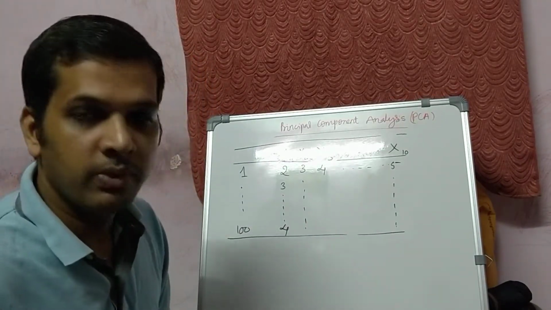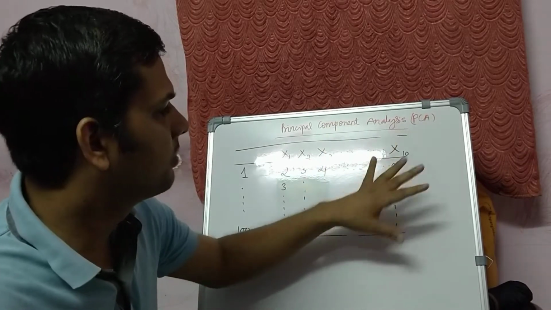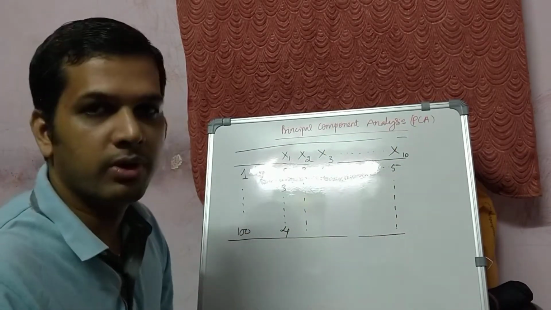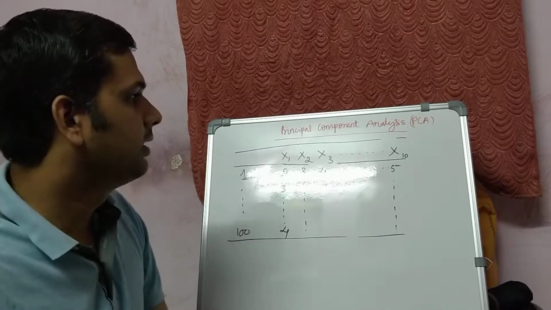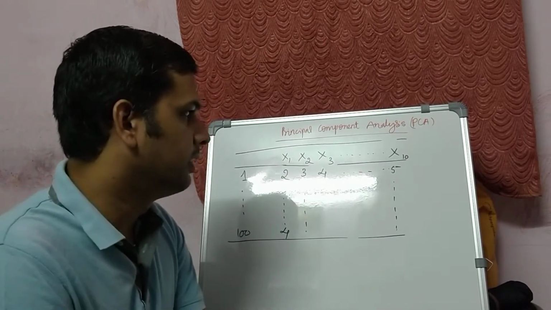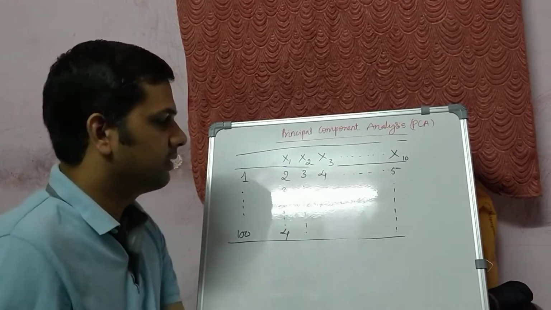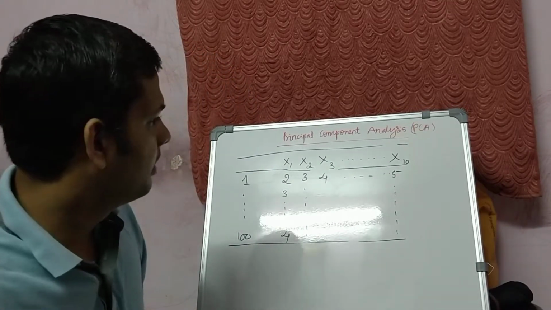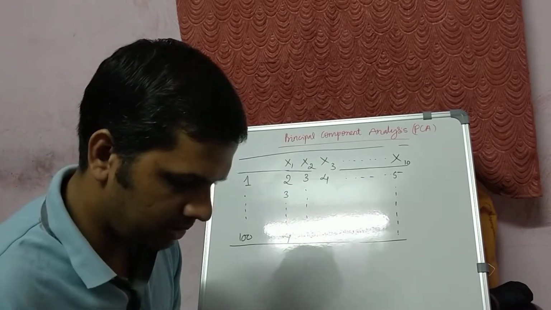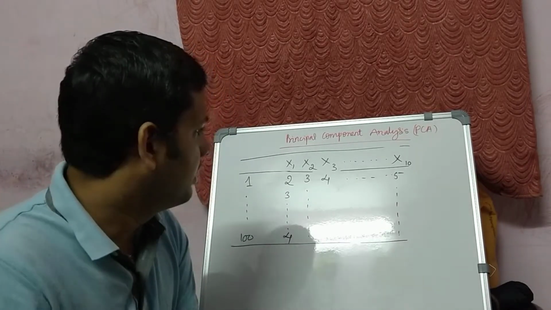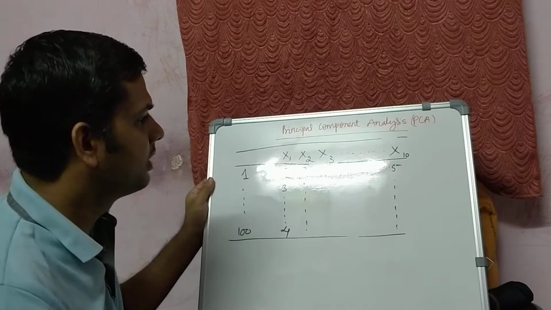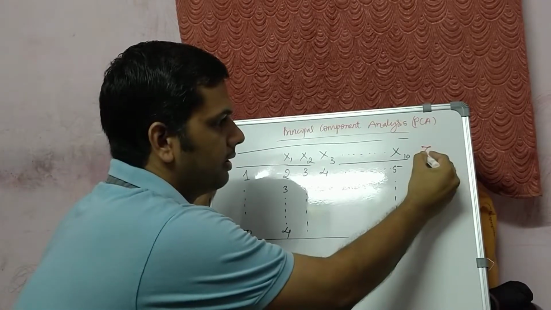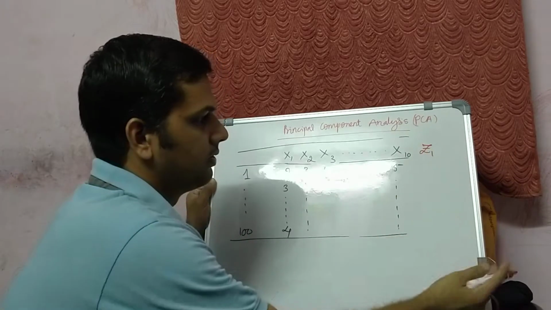One way is we can directly remove a few features which we know are not important. If we don't know that, then we need some other technique. In that case, what PCA does is, principal component analysis tries to find out the principal components, let's call it Z1.